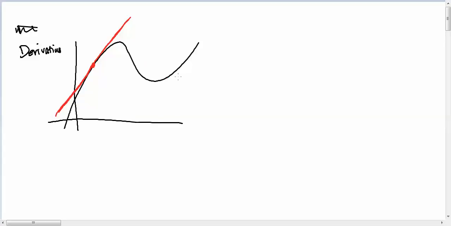If I have a different tangent point, like this point right here, then the tangent line would look something like this. Are we good with that? Mm-hmm. So we're trying to find the slope at some point on this graph. Here's the really funky part.